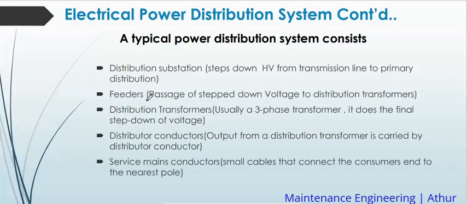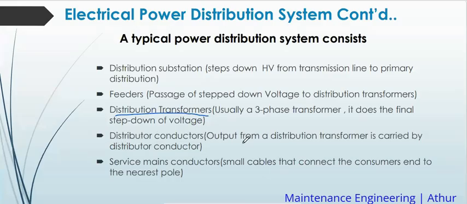I told you that feeders are the passage of stepped down voltage from the substation to distribution transformers. We have the distribution transformer. Now, these are the usual transformers that are in our localities. You find a transformer hung on poles. These are distribution transformers. We have a distributor conductor.